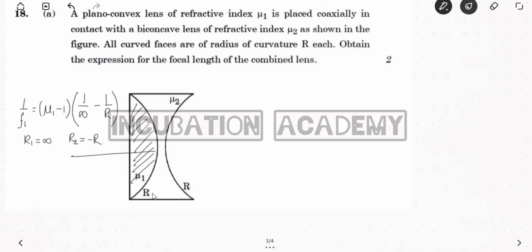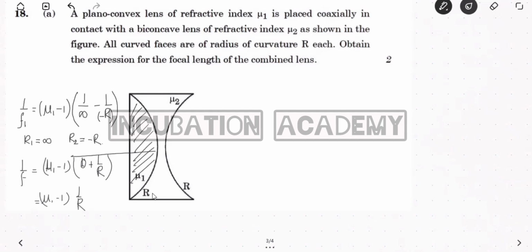That's why it is minus R. So 1 by f1 equal to (mu1 minus 1 by infinity, which is 0, minus of minus 1 by R). Here is a minus sign, so it becomes plus. So 1 by f1 equals (mu1 minus 1) divided by R.